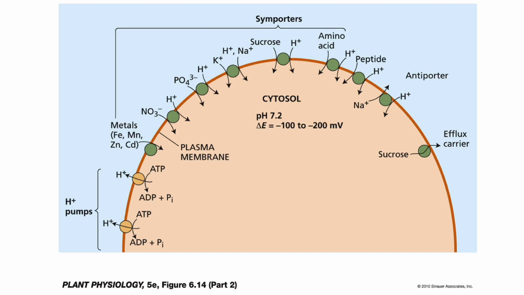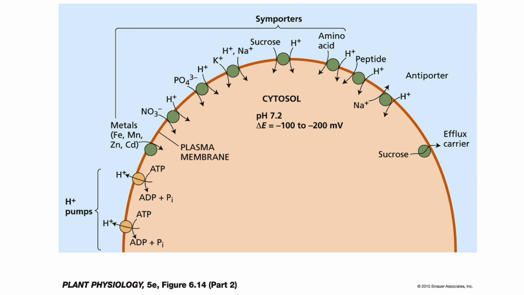We have a proton-driven nitrate symporter that is driving in nitrate. Remember, we found out that nitrate was being taken up actively. So it's using the proton motive force to drive nitrate uptake, as well as phosphate uptake, as seen in the next symporter.